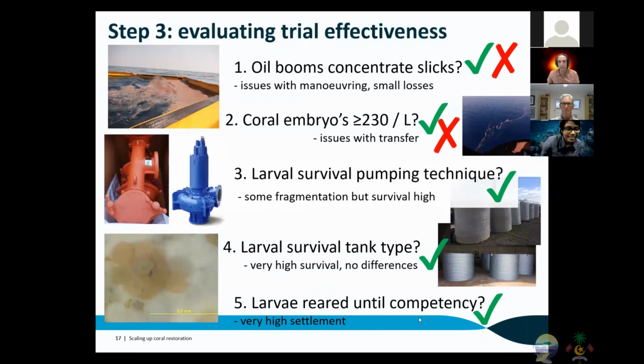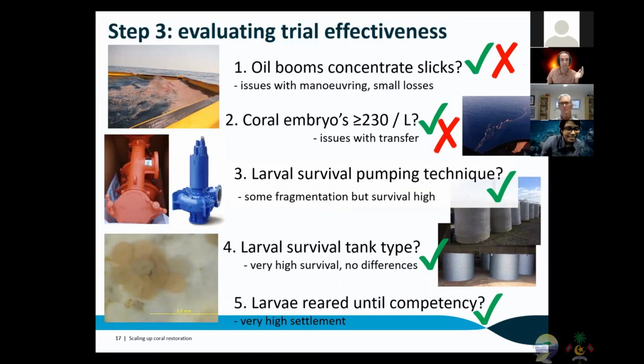So if we evaluate the effectiveness of our trial, can we use our oil booms to concentrate the slicks? Yes, we can, but we do have some issues with manoeuvring and small losses of the slicks coming under the skirt of that boom when we manoeuvre too fast. Can we concentrate coral embryos to greater than 230 per litre?